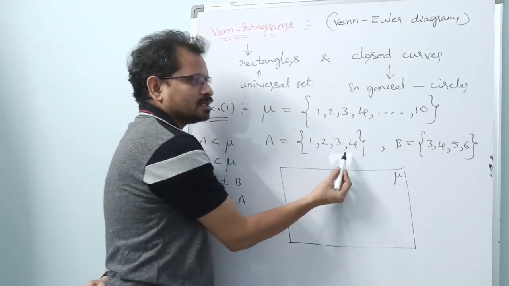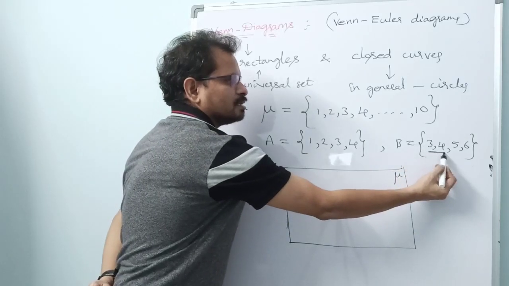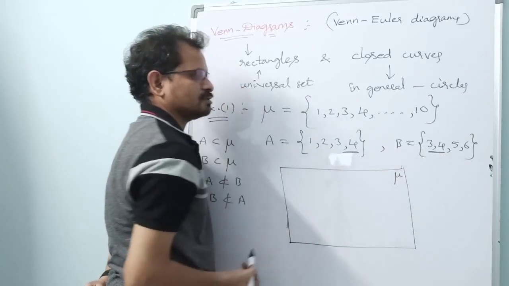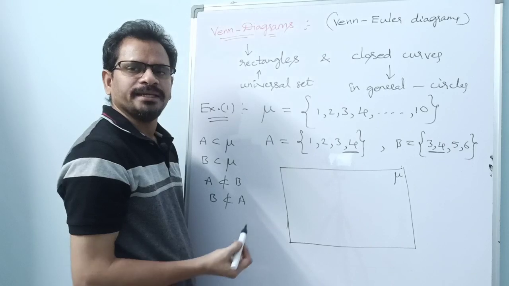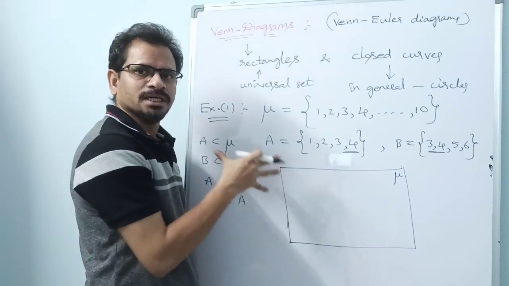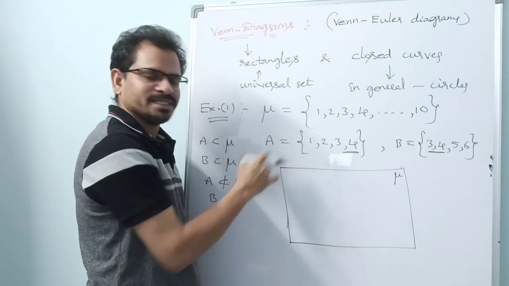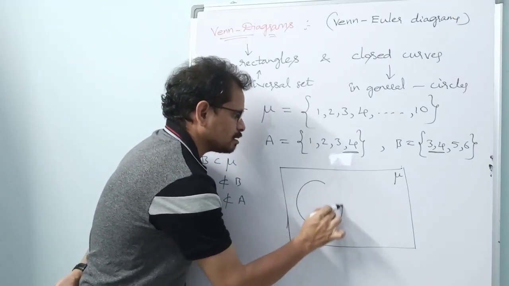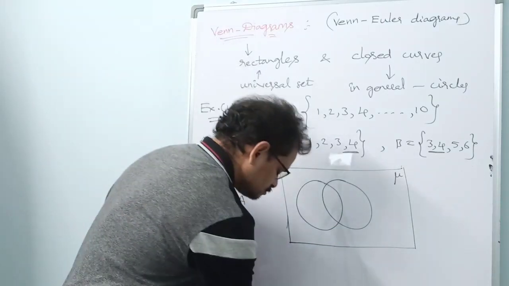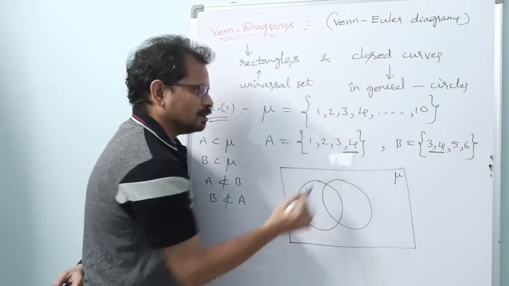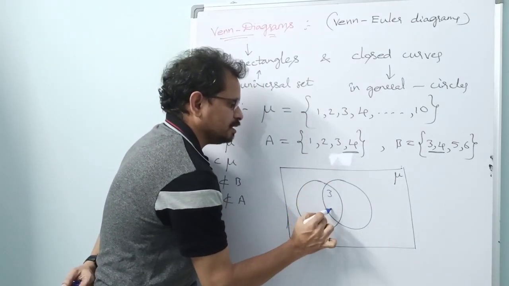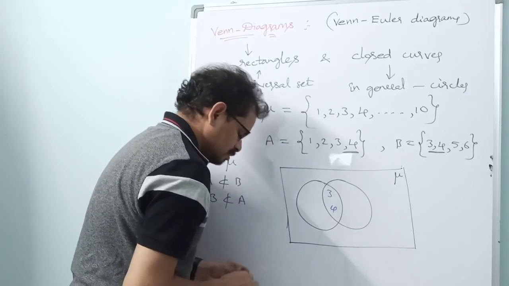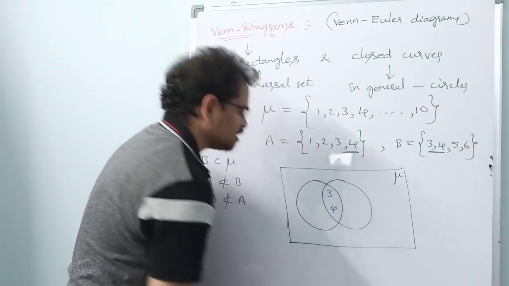But here there are two common elements, 3, 4. 3 and 4 are common elements for the two different sets A and B. Now how shall we write here? What are the common elements here? 3 and 4. First let us name this one.